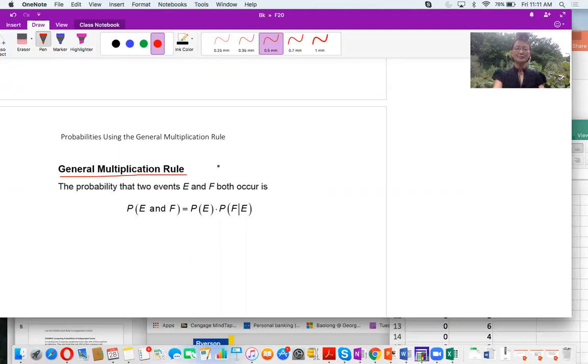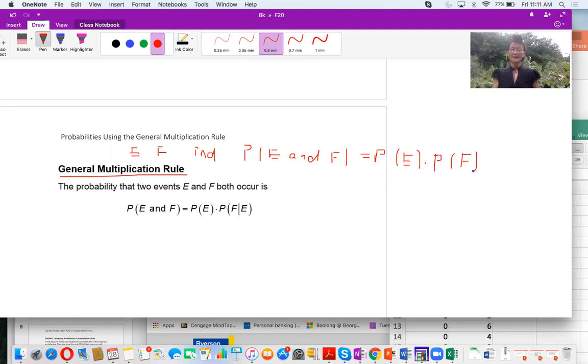Before, when we did the multiplication rule, we said when E and F are independent, the probability of E and F equals, can you guess, the probability of E multiplied by the probability of F. That is, suppose events E and F are independent.